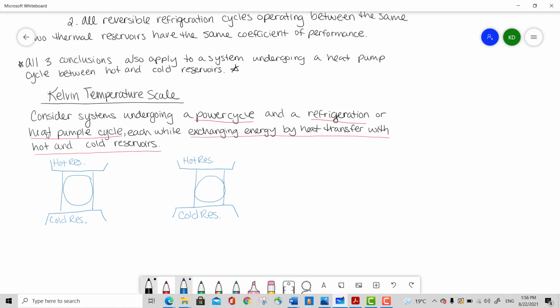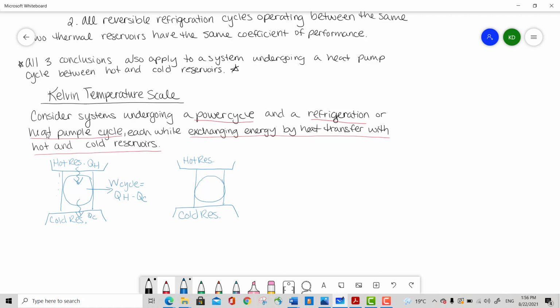So if we have QH coming down, and then we have heat transfer cold coming down, then we have the work of your cycle equals QH minus QC. So you can see that here.